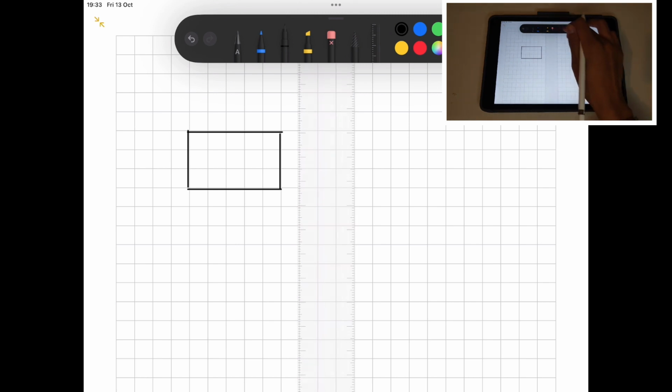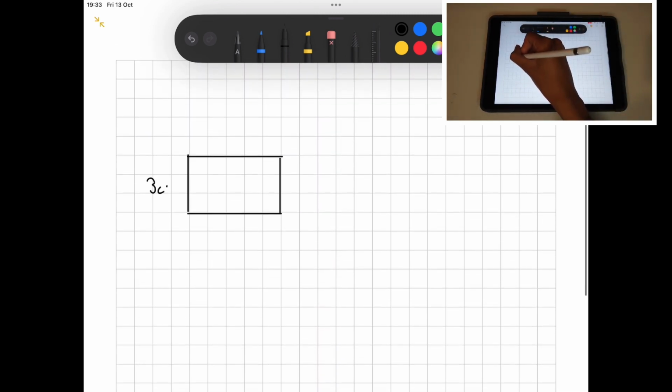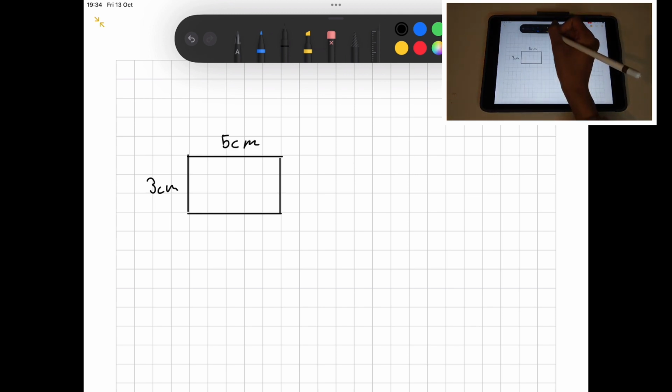So if I have a rectangle here, one side is 3 centimeters and the other side is 5 centimeters. Sorry, that 3 looks bad.